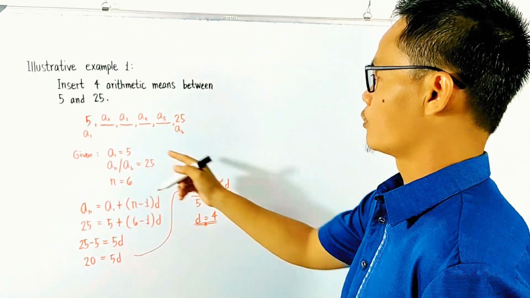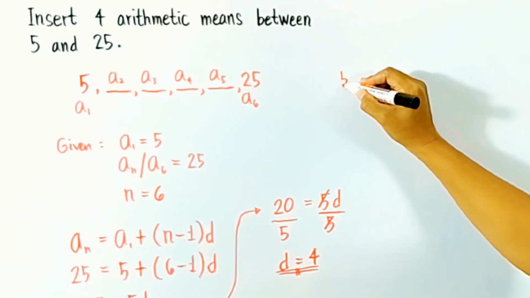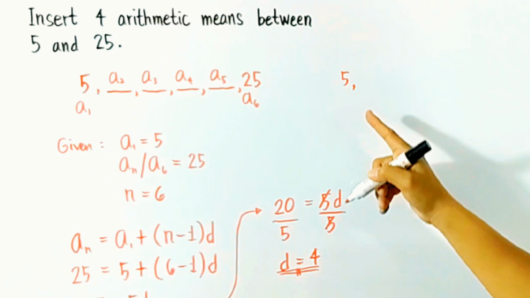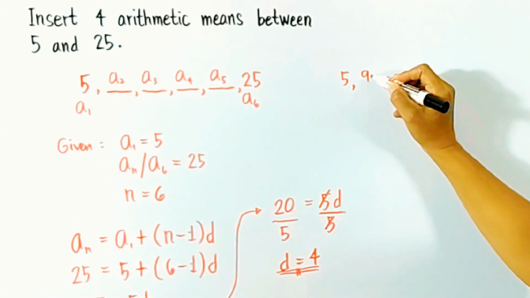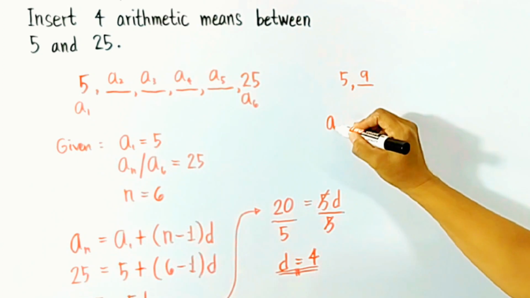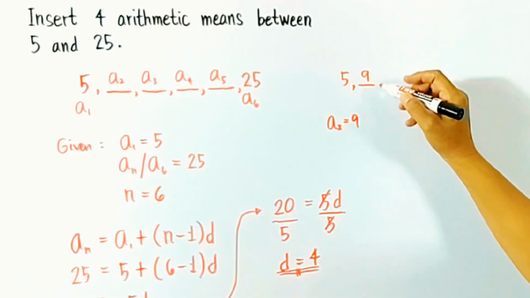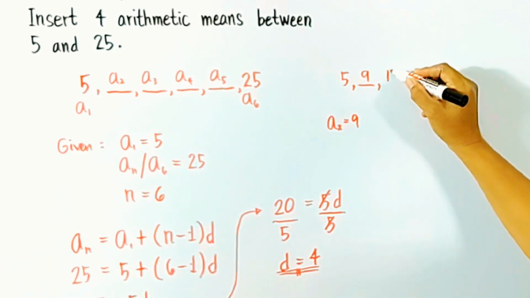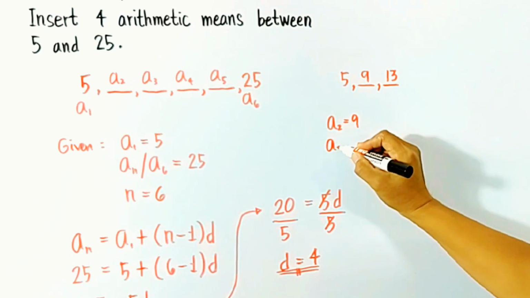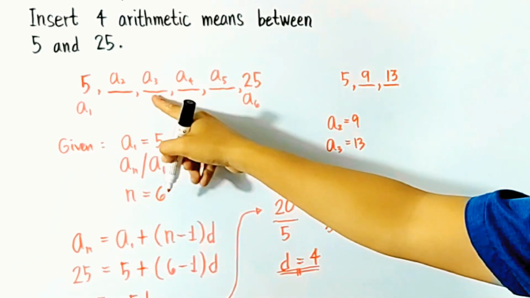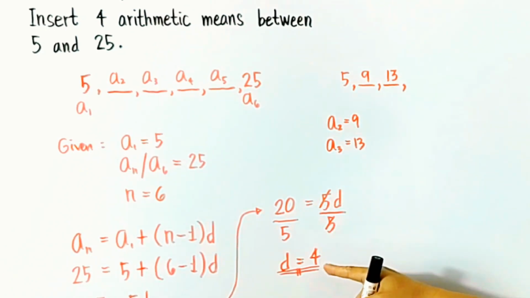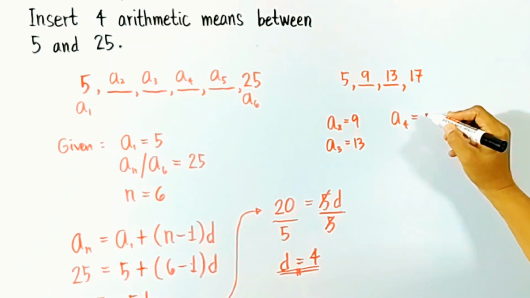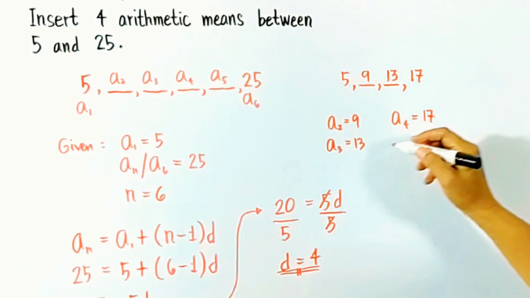At this point, if we rewrite that 5, as we all know, we can get the next term by adding the common difference. So 5 plus 4: our first answer, the value of a sub 2, is 9. Then the next one, 9 plus 4 is 13, so the third term is 13. Then add again, 13 plus 4, 17, so the fourth term is 17.